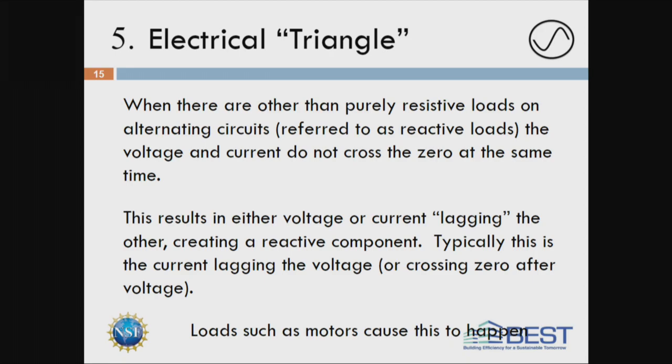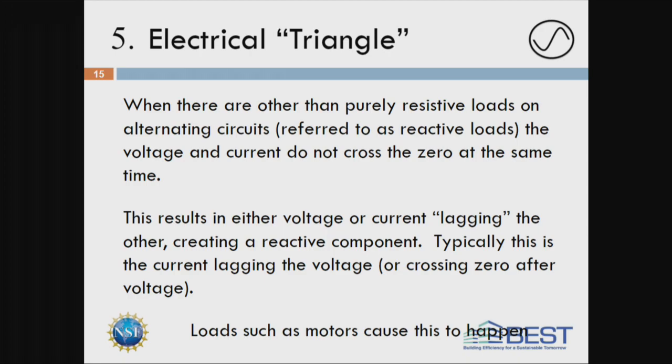The more common one is an inductive load, a motor type of load, and that's dragging the amperage back so that it can't quite cross the zero point at the same time that voltage does. So it's lagging it, and that's what gives us a power factor of less than 1.